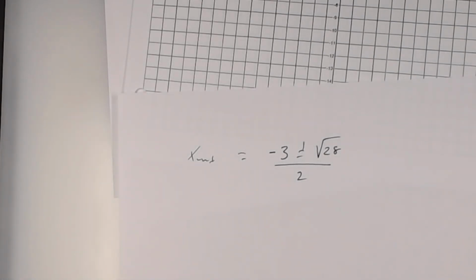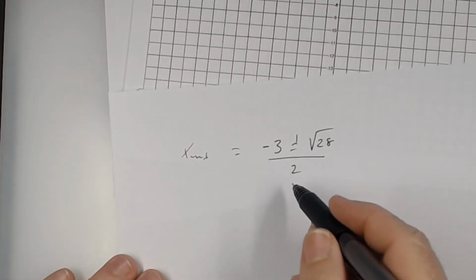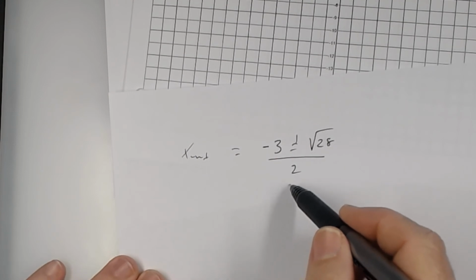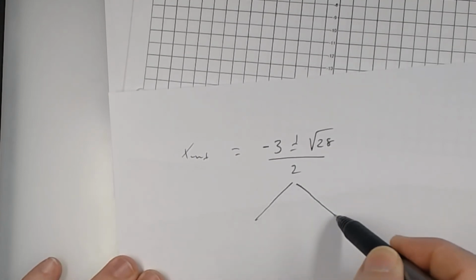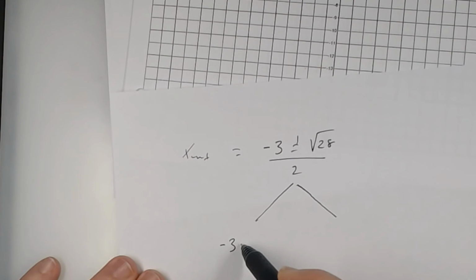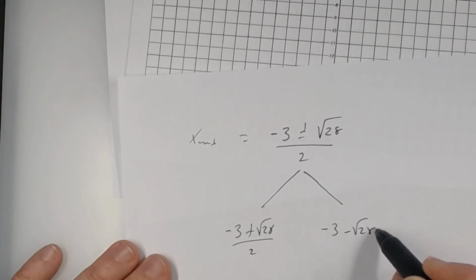I made it up. Is 28 a perfect square? No. So now you get to approximate. So you have irrational solutions, irrational roots. So we have to approximate this. Negative 3 plus the square root of 28 over 2. Negative 3 minus the square root of 28 over 2.